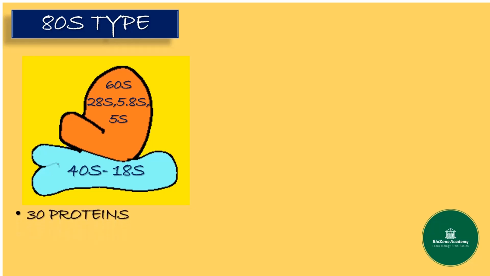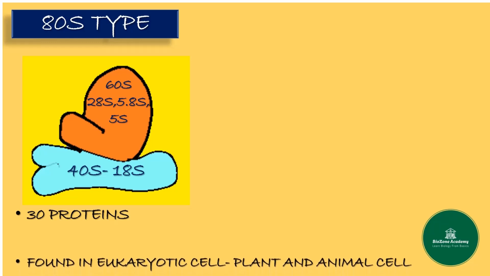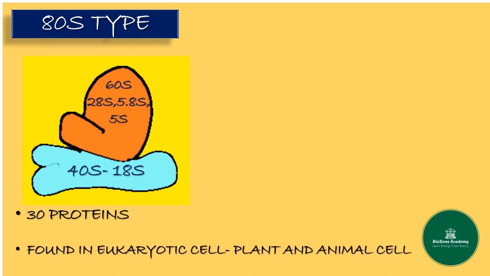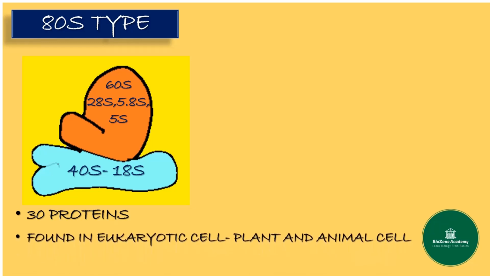Total 30 different proteins are combined to form the 80S type or the advanced type of ribosome. This advanced type of ribosome is found only in eukaryotic cells like plant and animal cells.